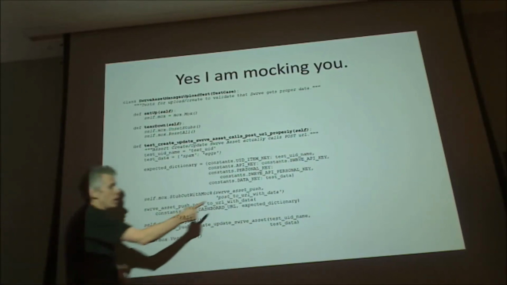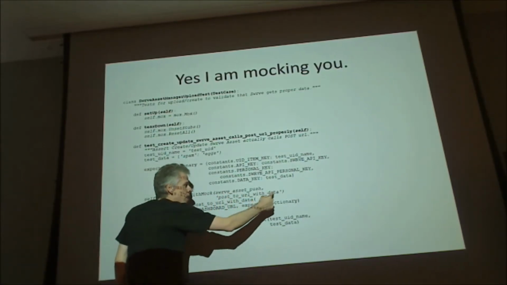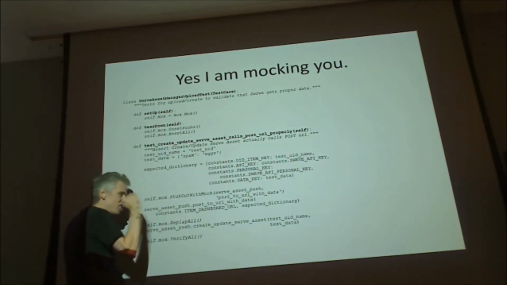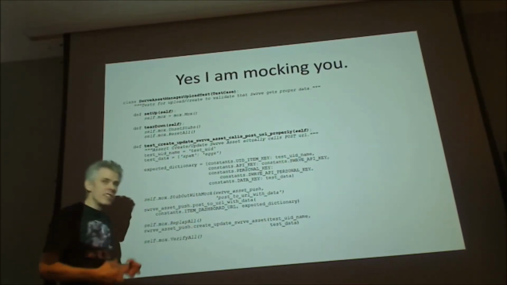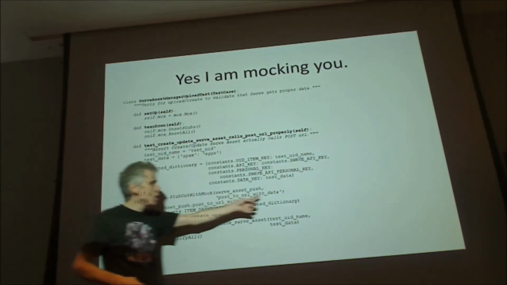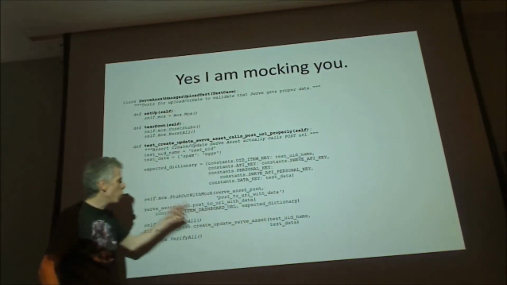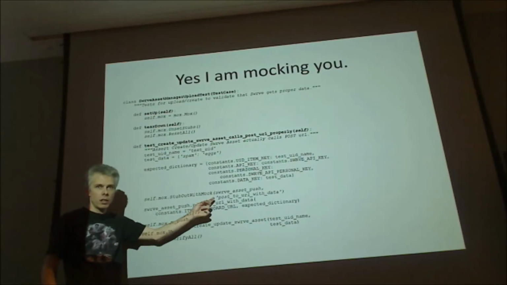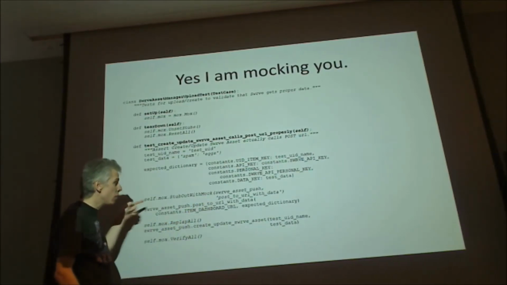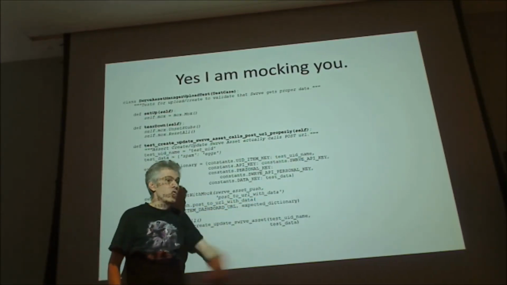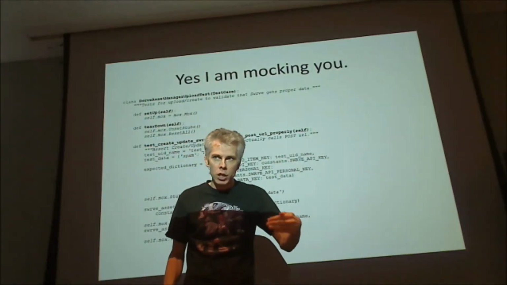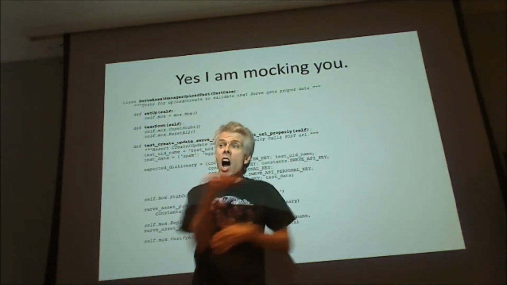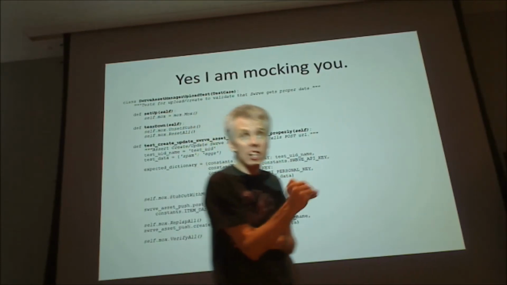So now what I do is this post to URL with data, I stub it with a mock. What that means is I cause this function to be replaced with a mock object. That way when this function, post to URL with data, is called, it doesn't actually call the actual function. It calls my mock of that function instead.